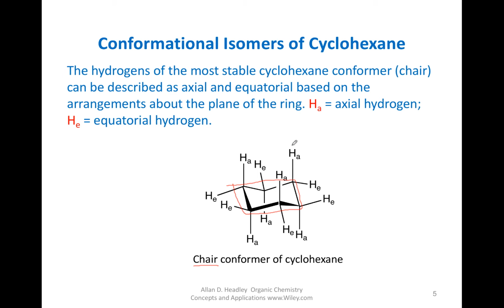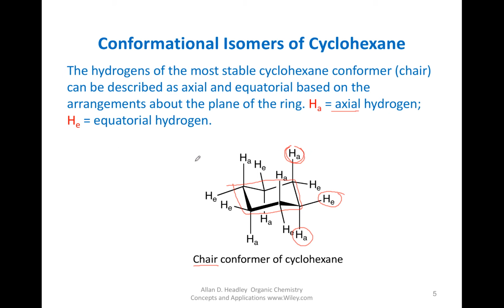And sticking above are some hydrogens, and projecting in the plane are some hydrogens. Since these can be described as two types of hydrogens, we'll describe the ones that are projecting above the plane and below the plane as axial, HA. So there are 6 hydrogens like that.